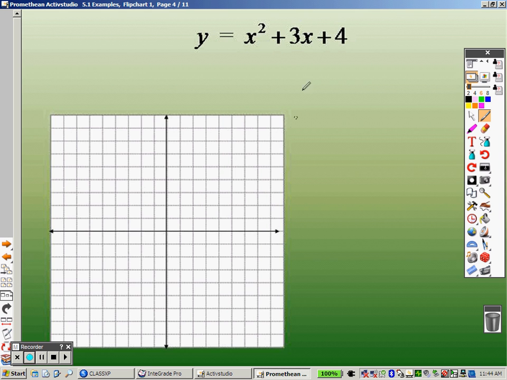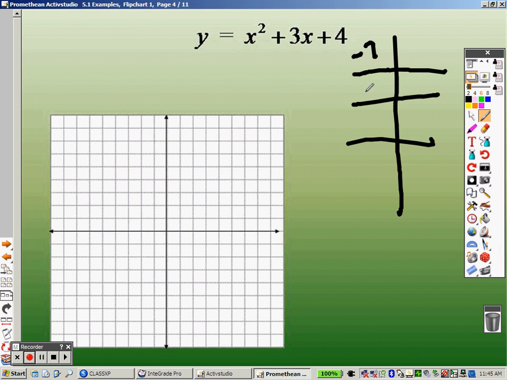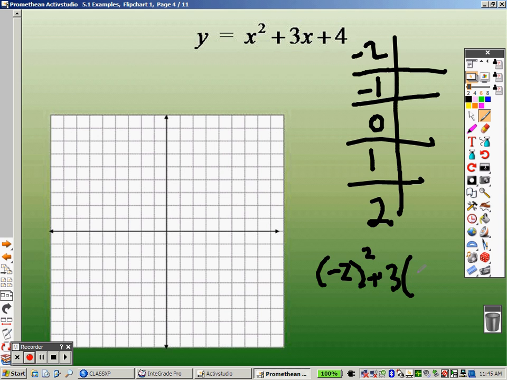Taking a look at this graph now, it's exactly the same. You still plug in some values. Let's plug in some values here and see what we get. I'm going to plug in a -2 again, -1, 0, 1, and 2. So when I plug this in, I'm plugging in -2 squared plus 3 times -2 plus 4.